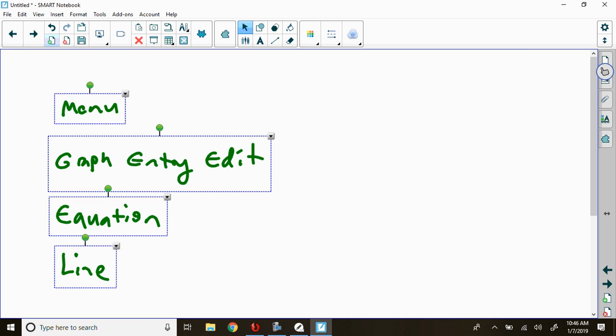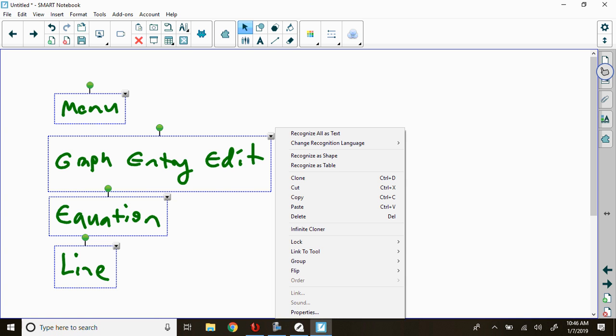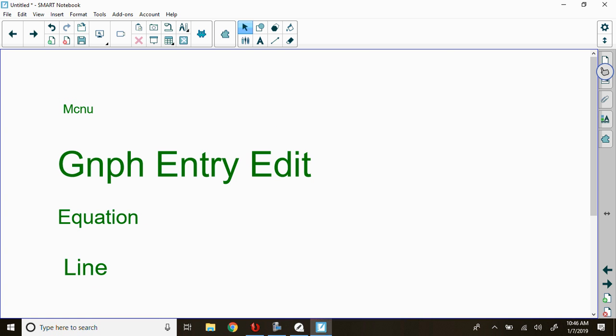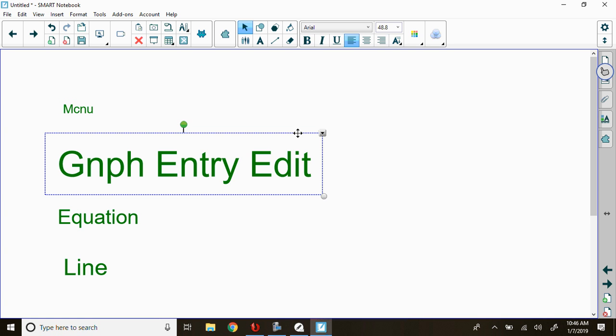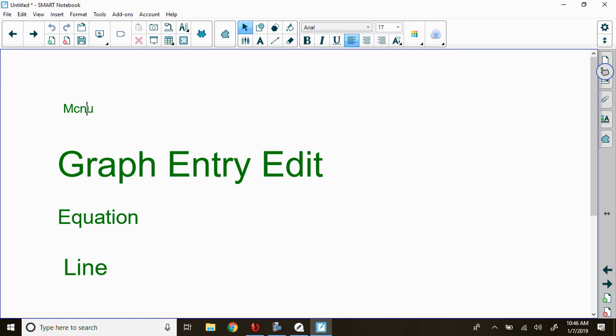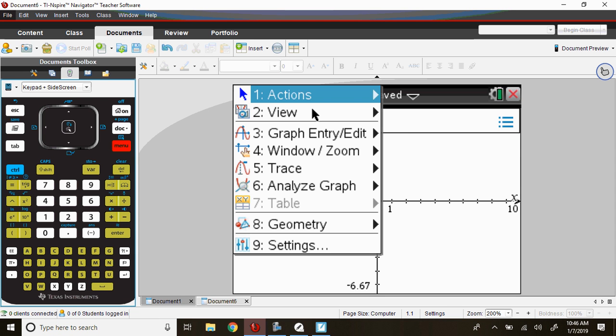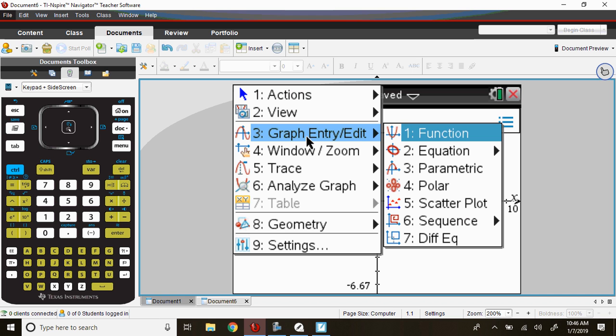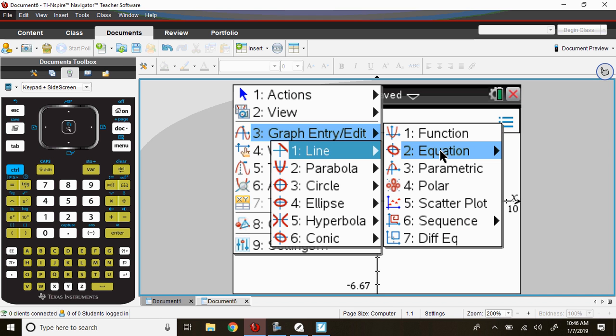We're going to need to go through all that from our graphing page to be able to do this. So let's take a look. Menu, graph, entry, edit, equation, and line.